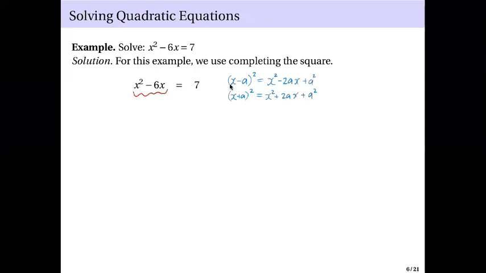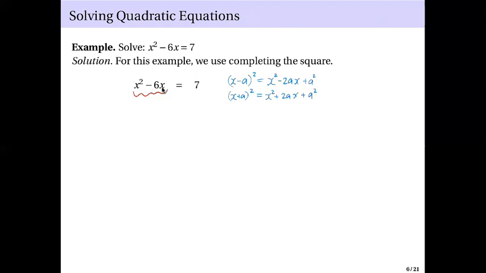So we want to turn this left-hand side into something like this. We will have to find the a squared for this left-hand side, and we can find that using this formula.